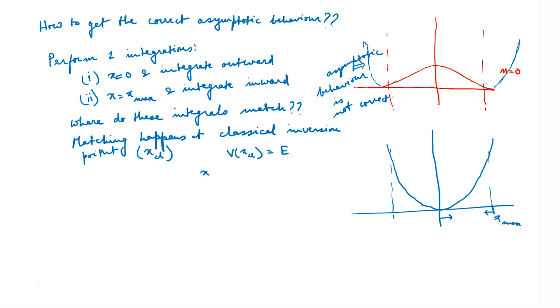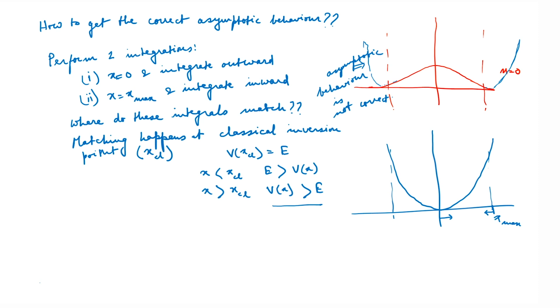For x less than XCL, my E is greater than V, and for x greater than XCL, my V is greater than E. So, here we are going into the classically forbidden regime. So, this is a natural choice, and how do we match it?